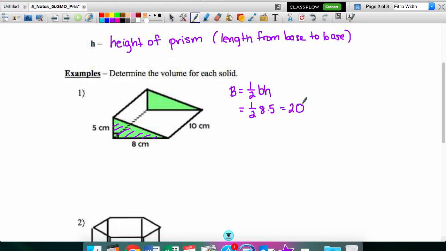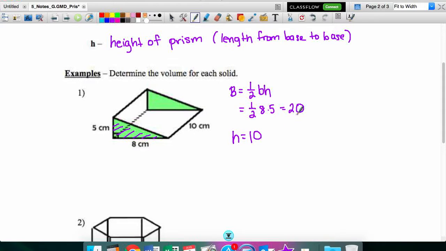Okay, so next I'll identify the height, this time of the prism, not to be confused with the height of the triangle. So the height of the prism is going to be the length from triangle to triangle. So if you look in our picture, the 10 is actually giving us the distance between the two tips of the triangle. So that's going to be our height.